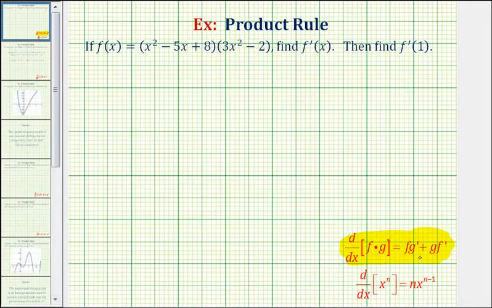So using our formula given here below, we'll let the first function be function f and the second function be function g. And now we'll set up the product rule.